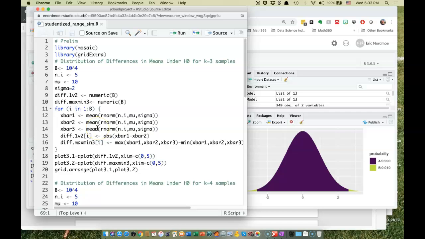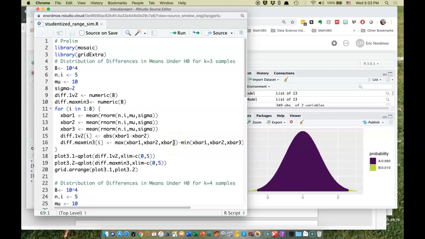We're going to compute the means, compute the difference, and look at 2 particular things. And so I'm hoping by the end of this it will make sense what I'm getting at here. But the first is just compare group 1 and group 2 and see how big that mean difference is. That's just for one particular pair. But then we're going to look at the comparison between the largest and the smallest mean.